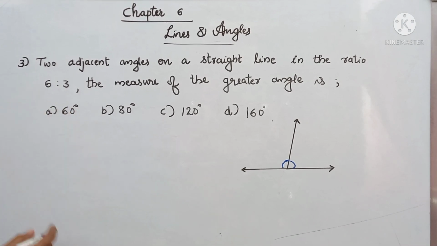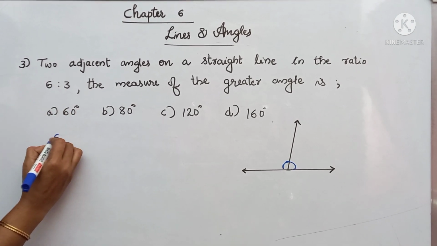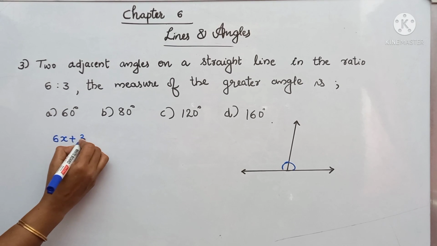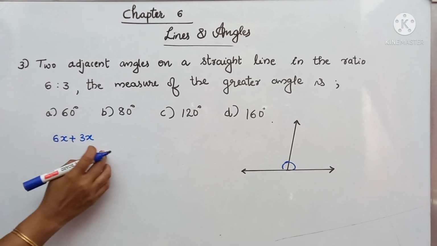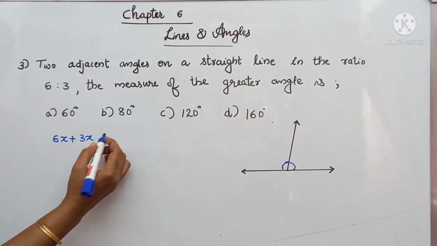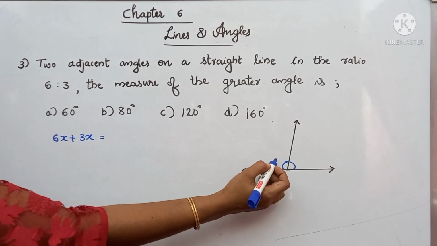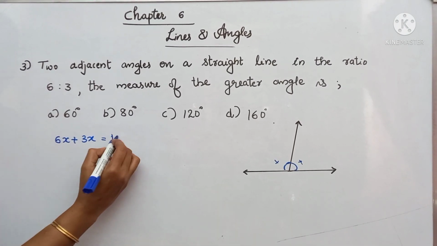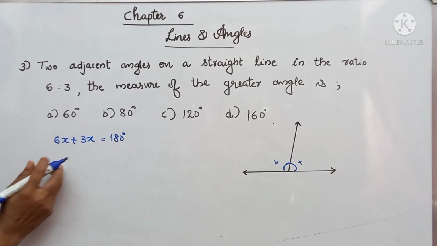Here only the ratio is given, so let 6x and 3x be the measures of the two angles. Then the sum of these two angles is equal to 180 degrees, angles on a straight line.